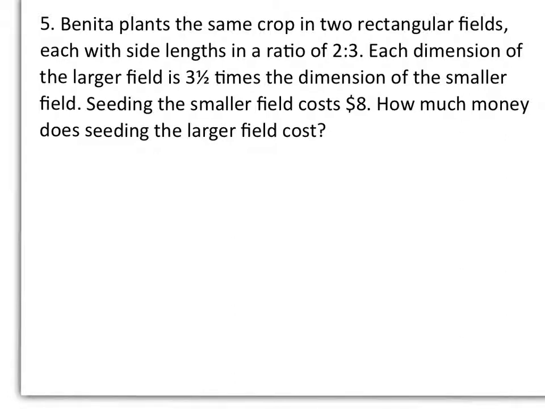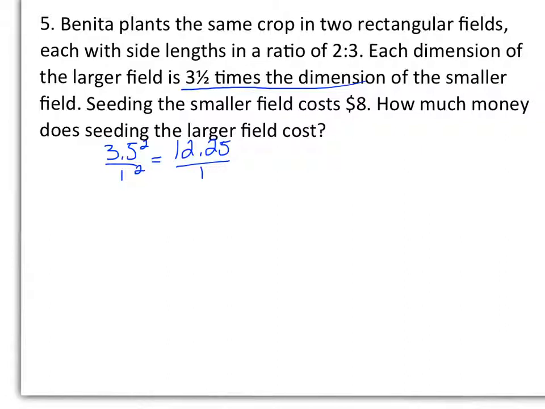So the key here is that the dimensions of the larger field is 3.5 times the dimensions of the smaller field. So we can say that's 3.5 to 1. And then if we square each of those, we get 12.25 to 1. So that's how much bigger the larger is than the smaller.